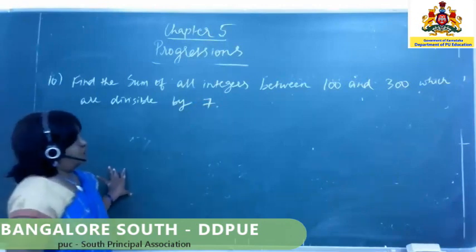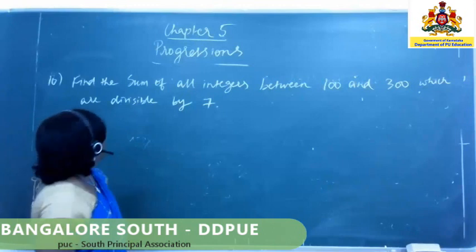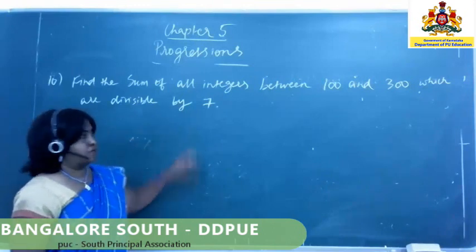Find the sum of all integers between 100 and 300 which are divisible by 7.